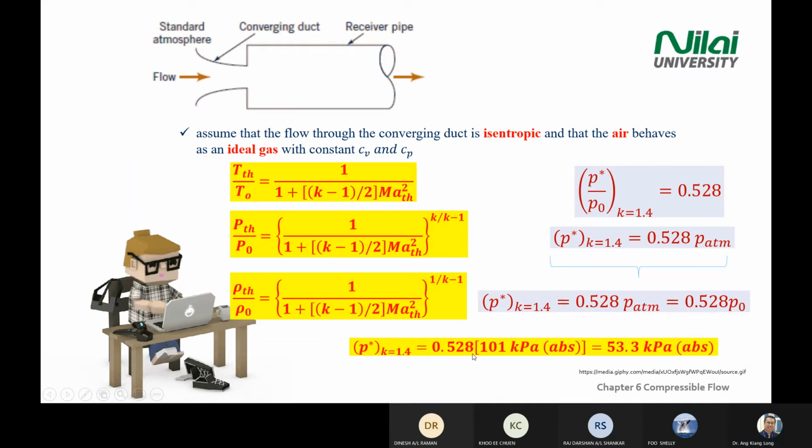You substitute the atmospheric pressure. Atmospheric pressure on this earth is 101 kilopascal. So the pressure star, meaning Mach number equal to 1, the critical pressure, will equal 53.3 kilopascal.